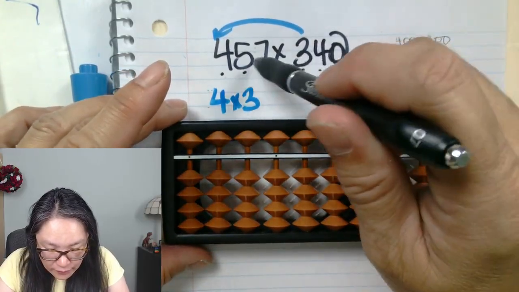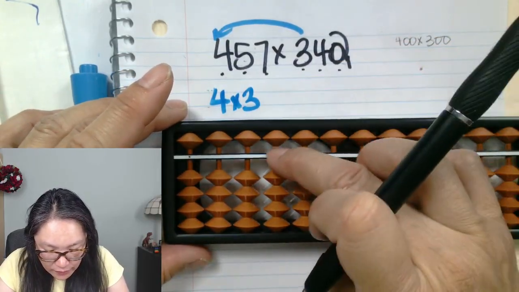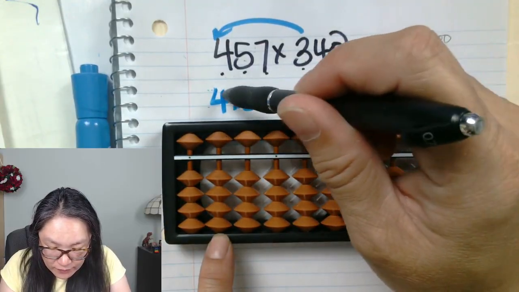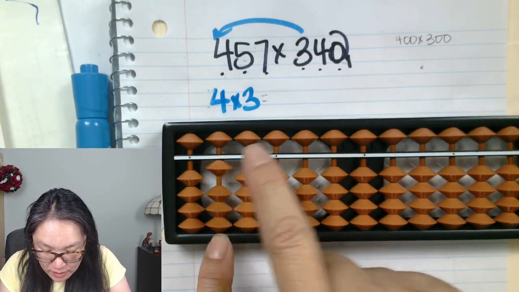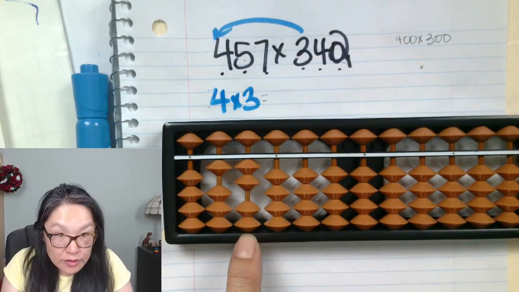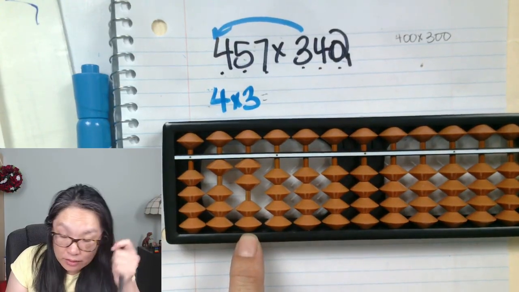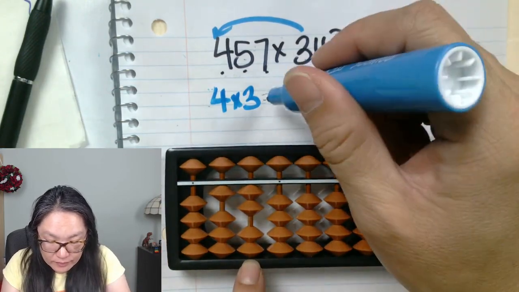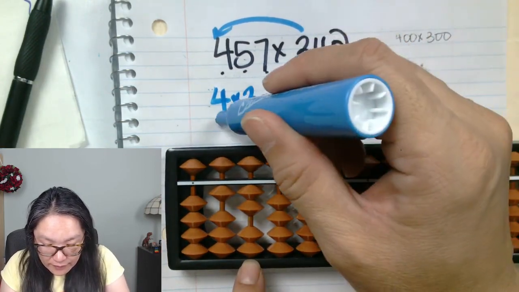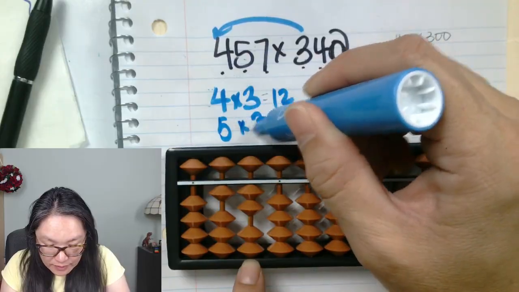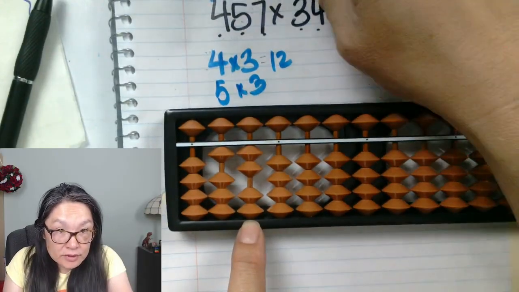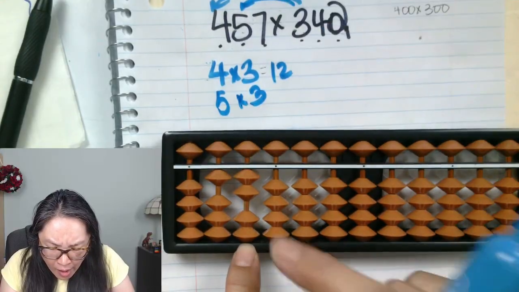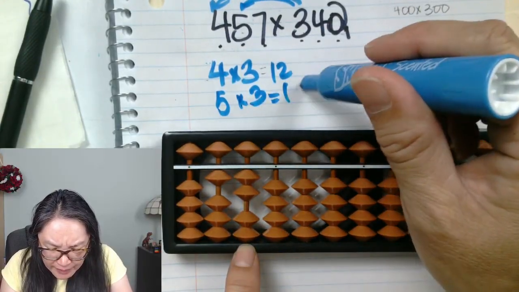1, 2, 3, 4, 5, 6. 1, 2, 3, 4, 5, 6. So we're going to do 3 times 4 is 12. I add 1, I add 2, and I just move my finger. That's all I'm doing. So the next thing I'm going to do is 5 times 3, 15.